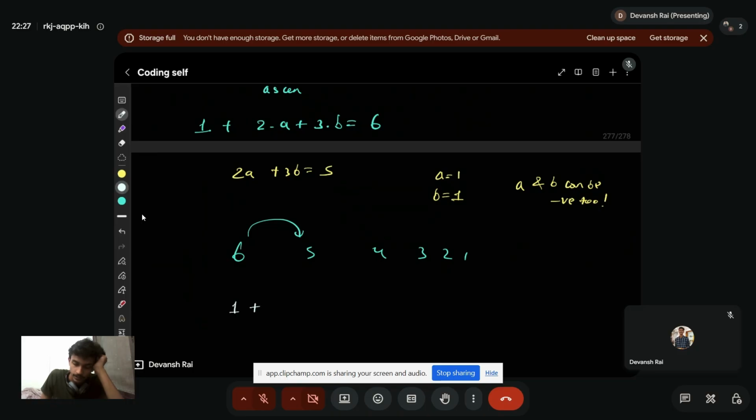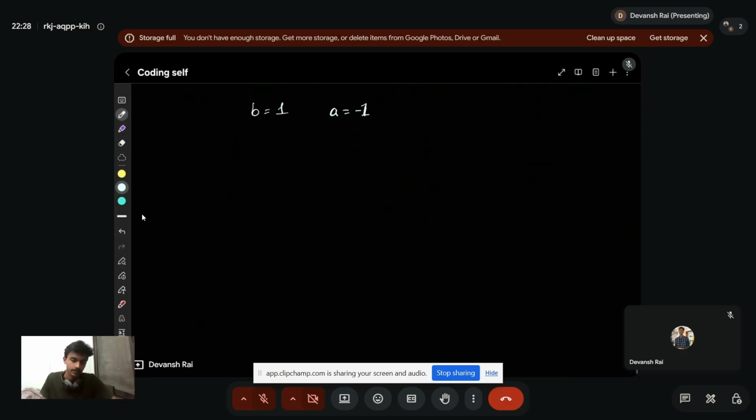If I add 3 and then remove 2, that is, if I say B is 1 in this condition, and A is minus 1, we'll have our answer, right? We'll be at the second position because that equals 2.